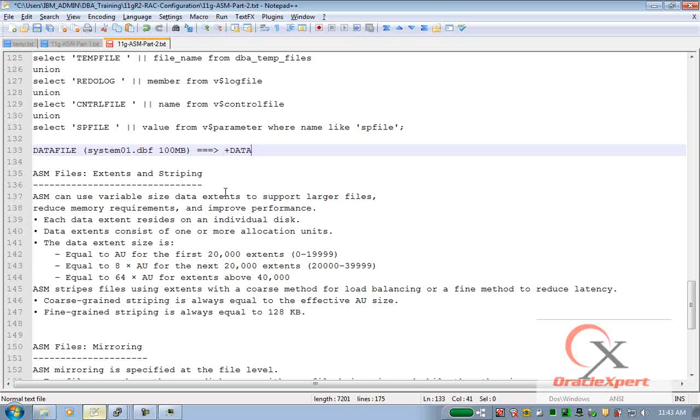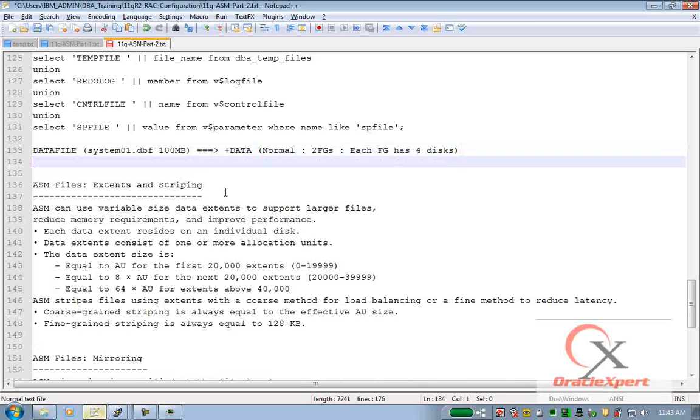So when you store a data file, let's say system01.dbf of 100 MB, I am assuming that my disk group DATA is with normal redundancy, having two failure groups, where each failure group has, let's say, 4 disks.